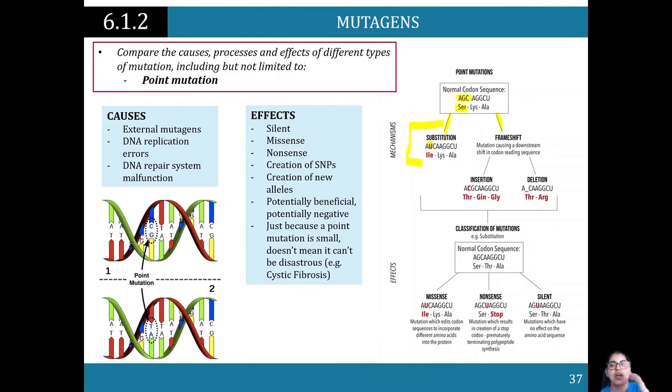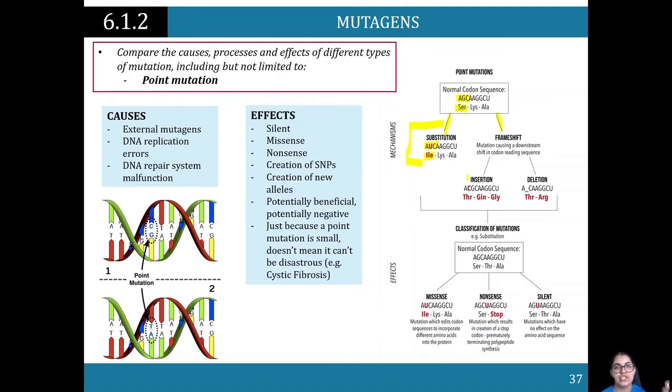Transcription has occurred, translation is happening now, but during transcription there's been that change from guanine to uracil, and because of that the codon changes. The anticodon changes to AUC instead of AGC, and that means that our amino acid would also change right there.